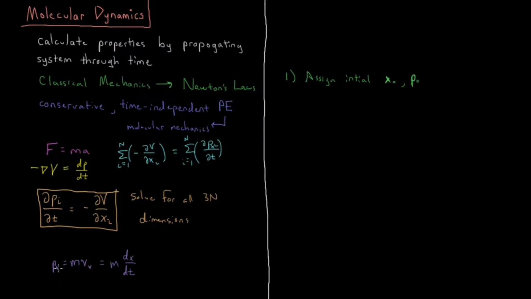So momentum is the velocity, which is the first derivative of x with respect to time, times mass. So we have to assign some initial set of coordinates, positions, and our momentum. Okay, so once we have done that, what we're going to do is compute various properties of interest. So we'll compute our energy.